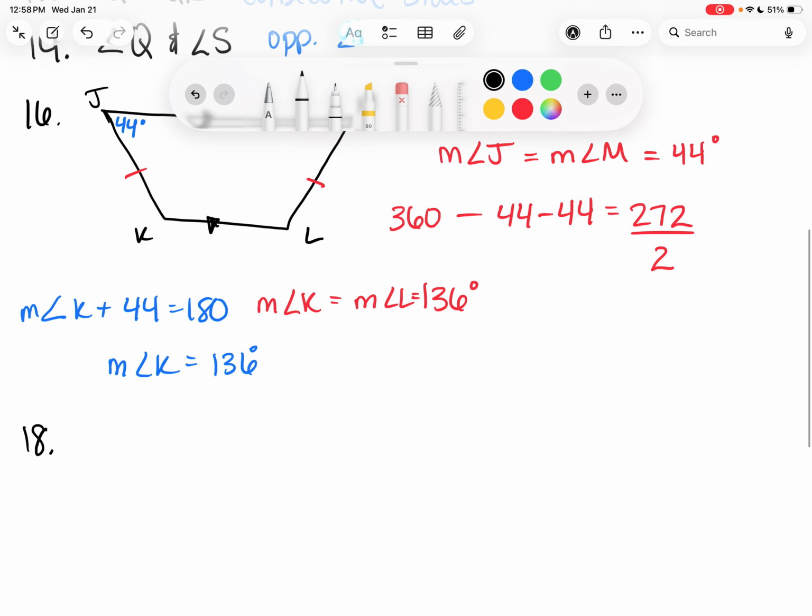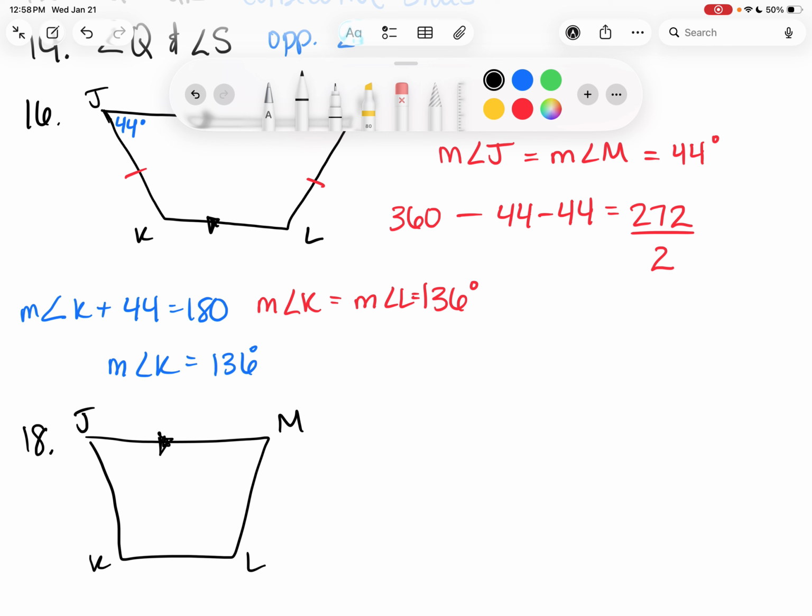18. Again, they're marked to be parallel so that I know it's a trapezoid.